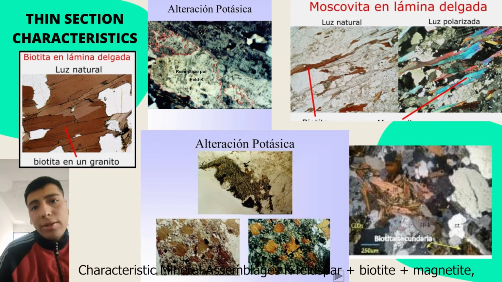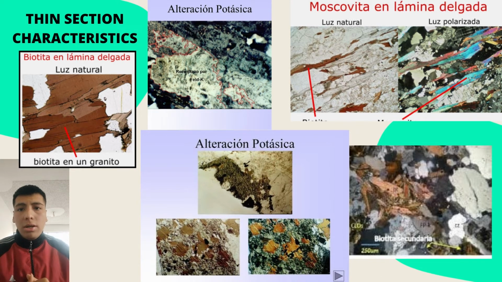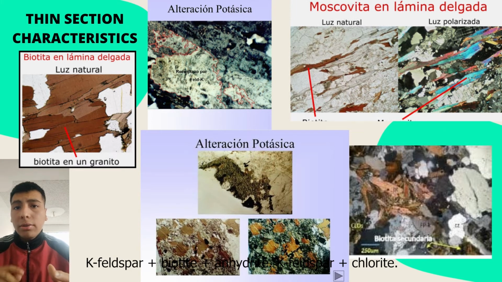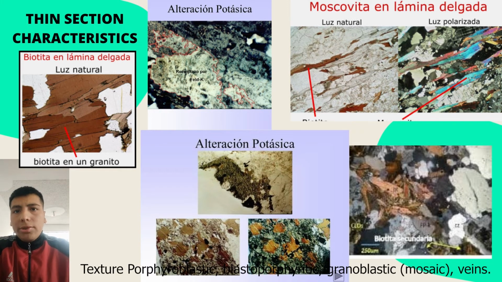assemblages: feldspar, biotite, magnetite; K-feldspar plus biotite; anhydrite; K-feldspar plus chlorite. Texture porphyritic, veins, mosaics.